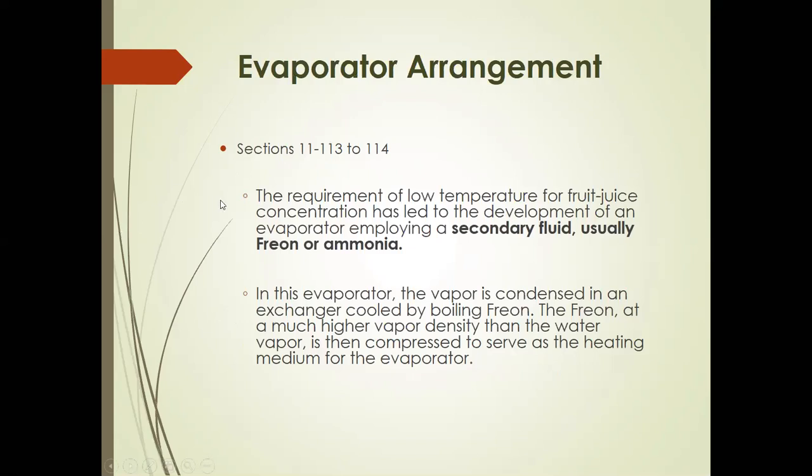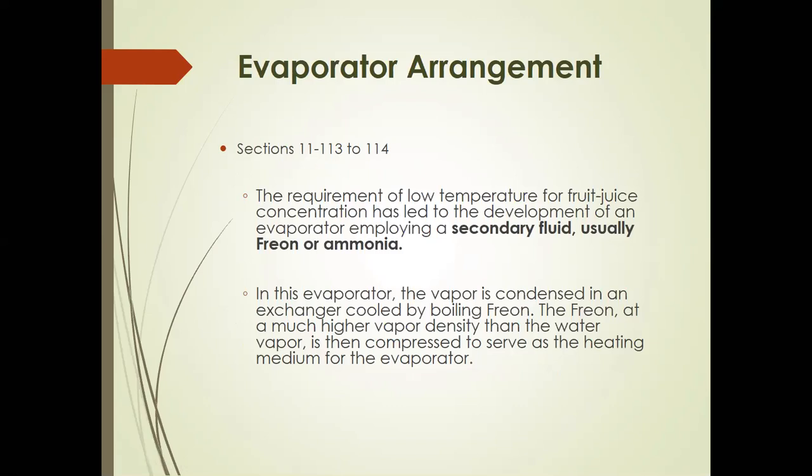Now, in terms of evaporator arrangement, we know that we can operate it singly or we can operate it in a multiple scheme. But there are particular feeds, especially fruit juice that needs to be concentrated, for those fruit juices that need to be in powder form.